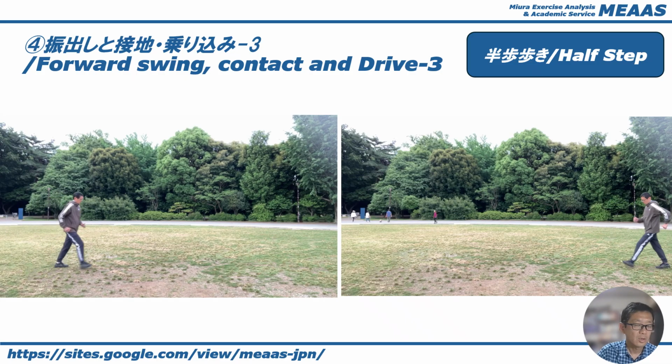In that series of movements, you can learn about the forward swing, low and fast swing and extension of the knee and contact, and fast swing of the back leg and thrusting of the arm. So you can also learn about the coordination of lower and upper extremities.